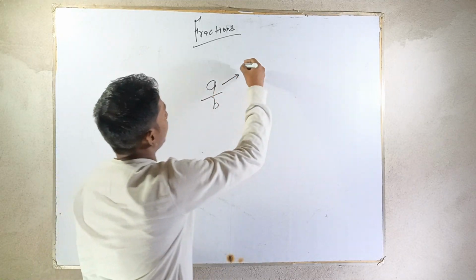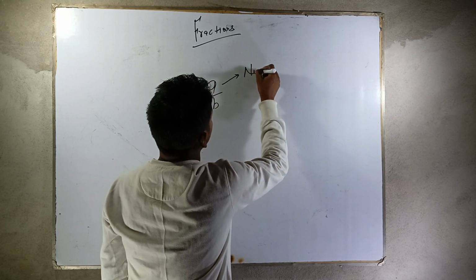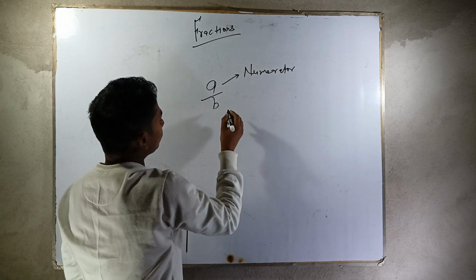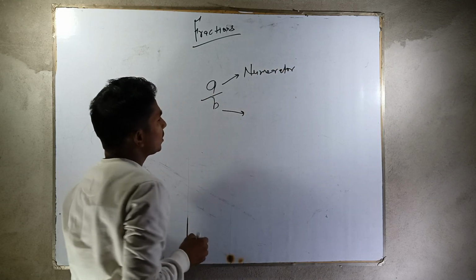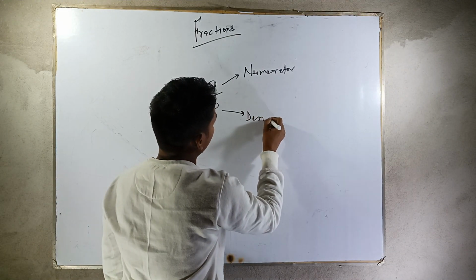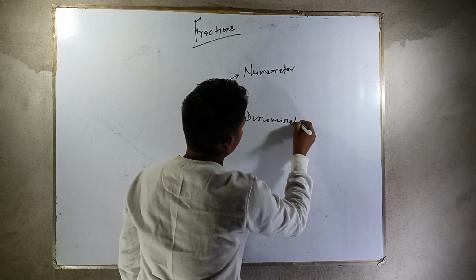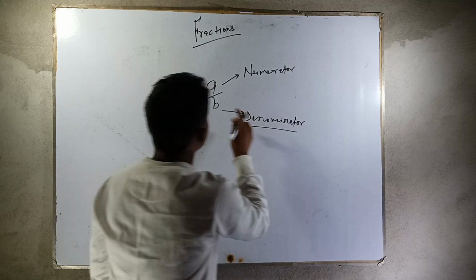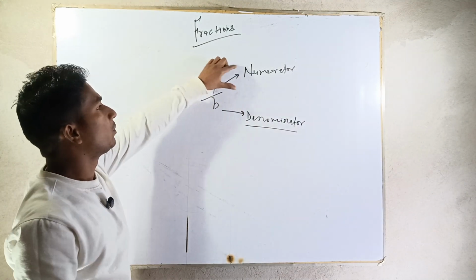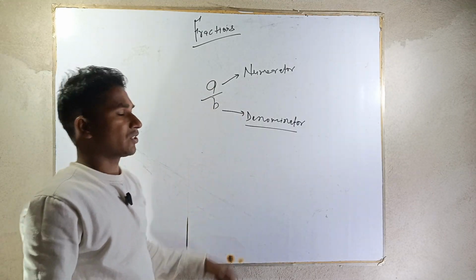The upper part is called the numerator and the lower part is called the denominator.